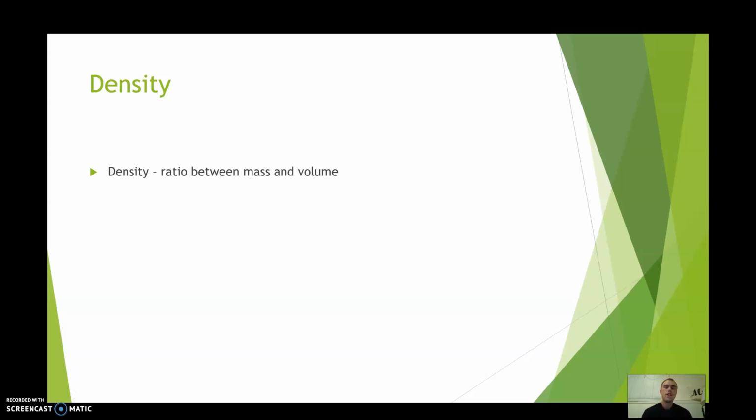So density is a ratio between mass and volume, and a ratio is always the same. Ratios don't change. Okay, so we can have a 50% ratio. Everybody is kind of familiar with a ratio of 50%. This could be 1/2. 1/2 is also equal to 2/4, which is also equal to 50 over 100.